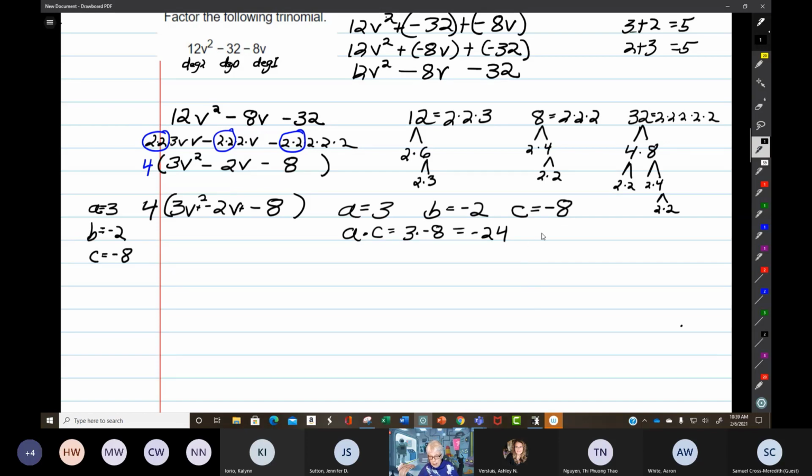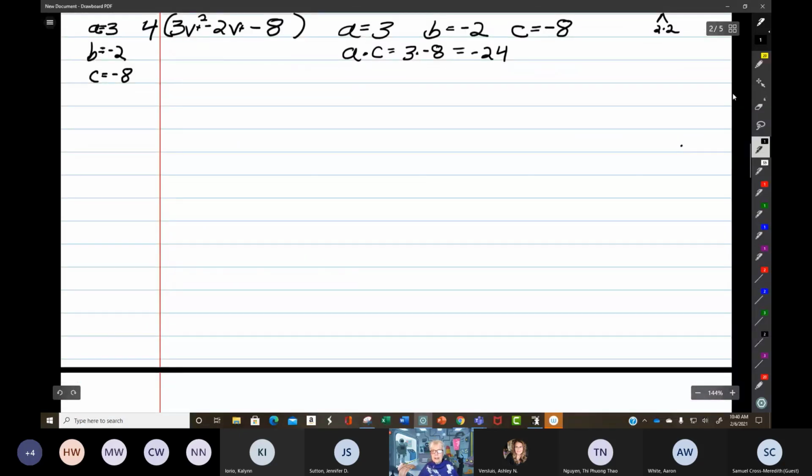So here I go. 24. I want to pretend it's positive first. I always do that because it's just easier. I also wrote it too small. Okay, let me come on up like this. 24 equals 1 times 24, 2 times 12, 3 times 8, 4 times 6, 5, no, and then 6 times 4, so it starts again.